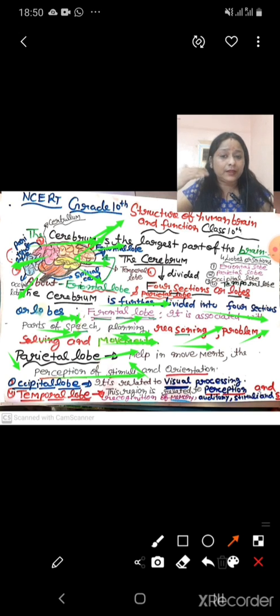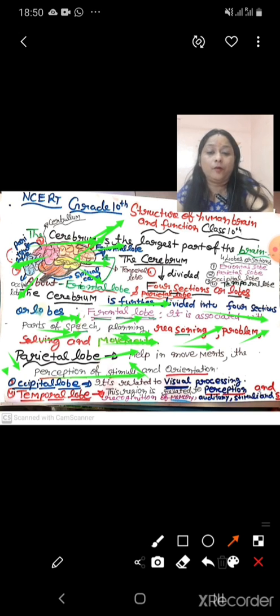Next, the third lobe is the occipital lobe. The occipital lobe is related to visual processing and is primarily responsible for vision. The occipital lobe is the visual processing area of the brain: distance and depth perception, color determination, object and face recognition, and memory formation.